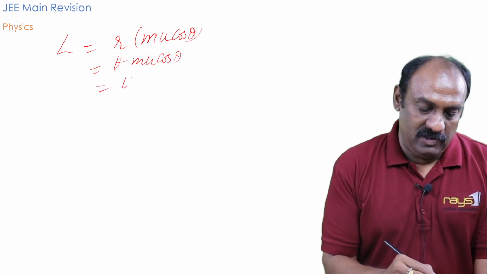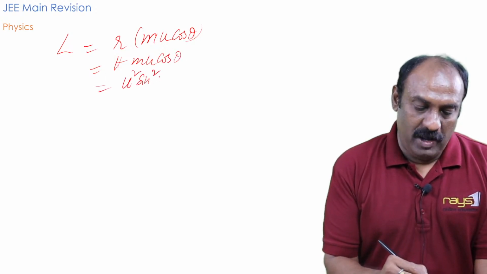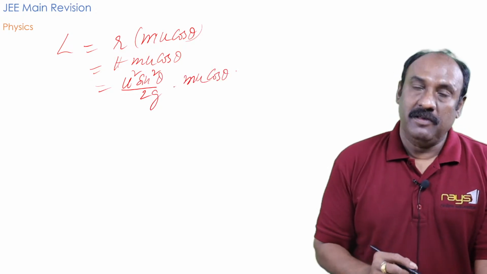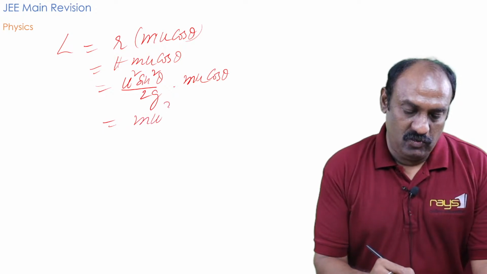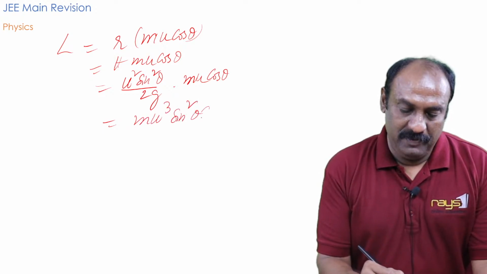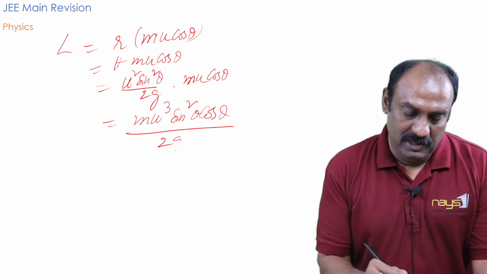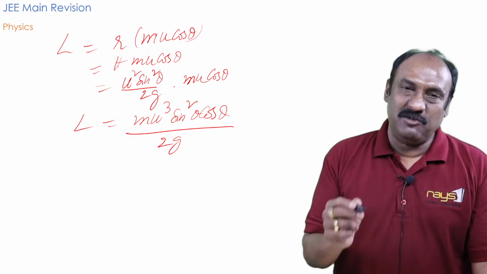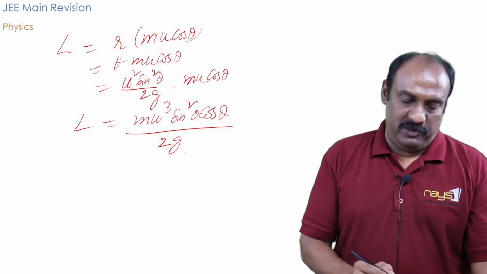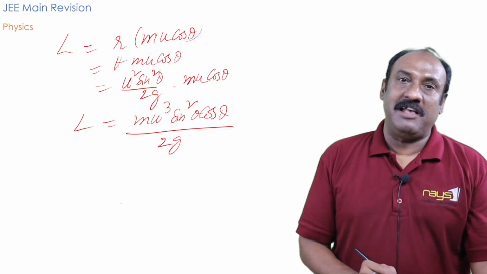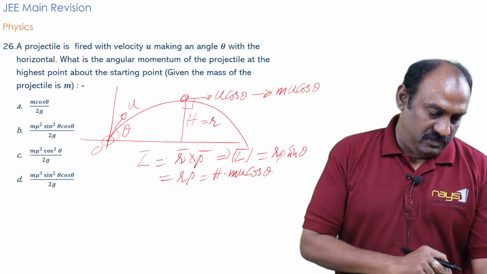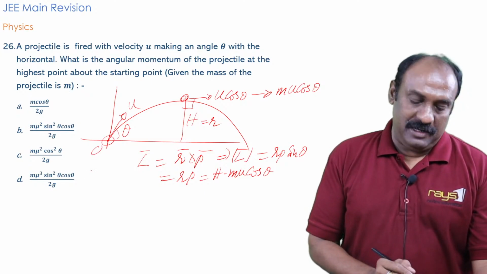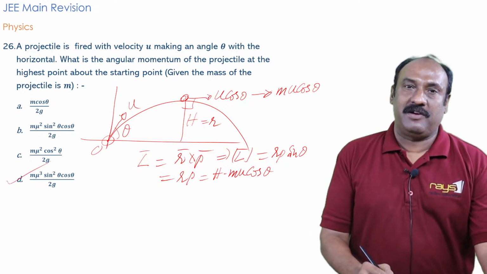H value is u square sin square theta by 2g, into mu cos theta. So, from this we get mu cubed sin square theta cos theta by 2g as the angular momentum of the projectile at the highest position with respect to the point of projection. This is the answer for question number 26.